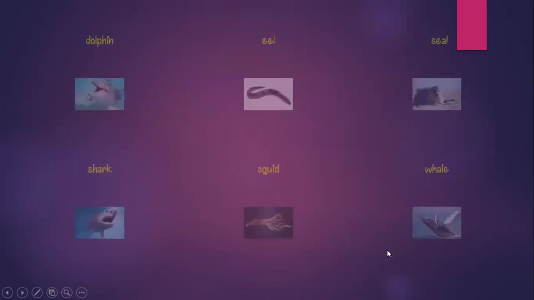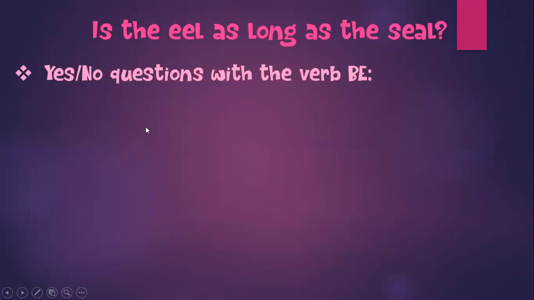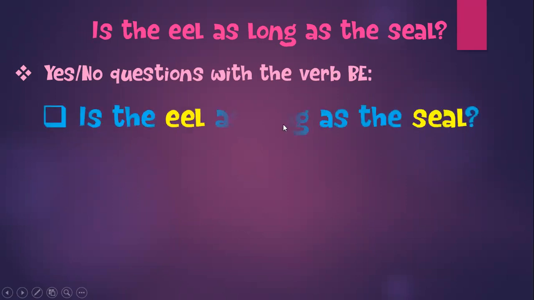Good. Now, let's see this. Look at this title. Look here. It says, is the eel as long as the seal? As you can read here, it says yes, no questions with the verb be.